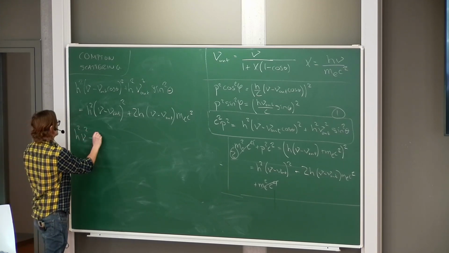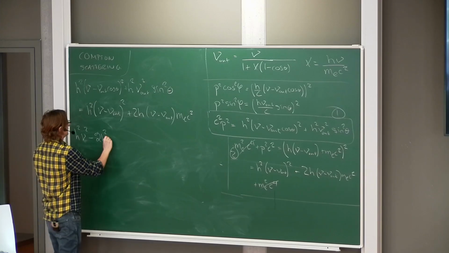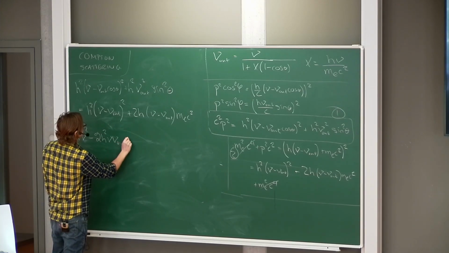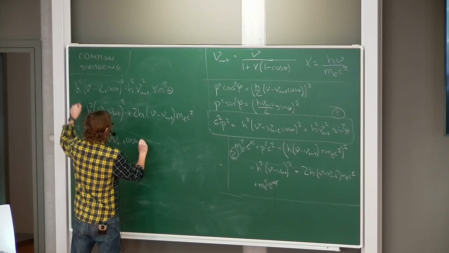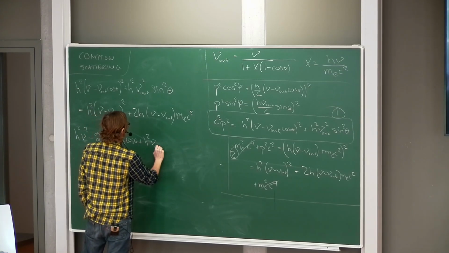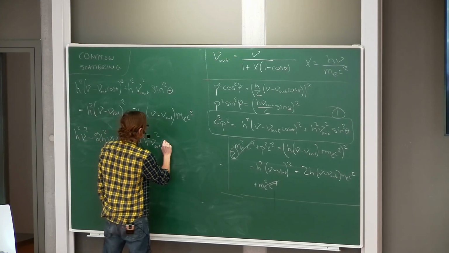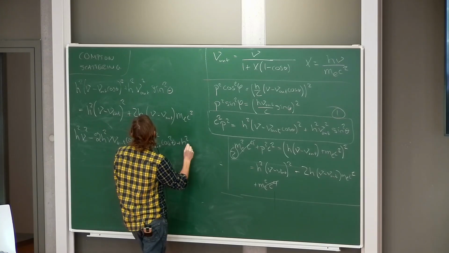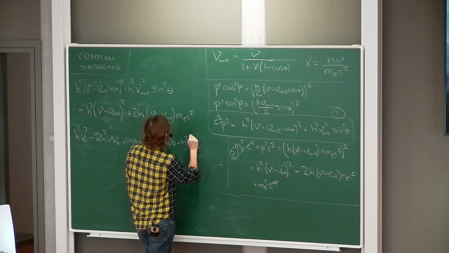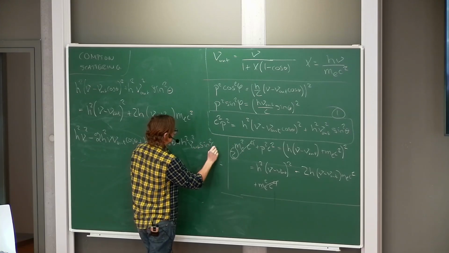And then I have a minus 2h squared nu nu out cosine theta, plus h squared nu out squared cosine squared theta, and then we have plus h squared nu out squared sine squared theta.